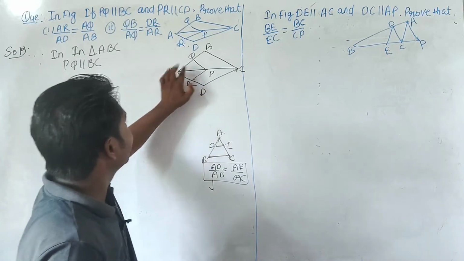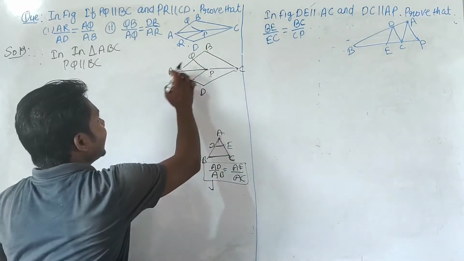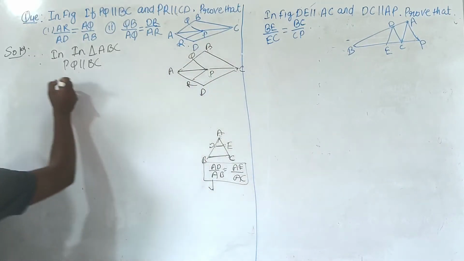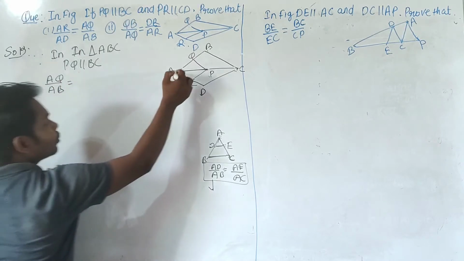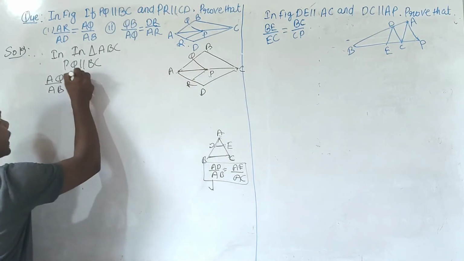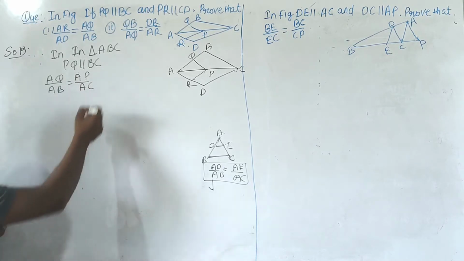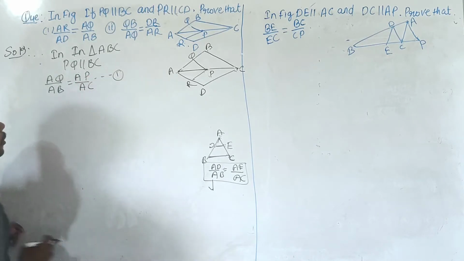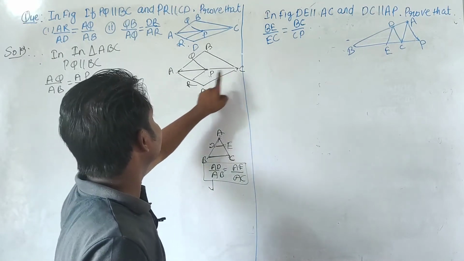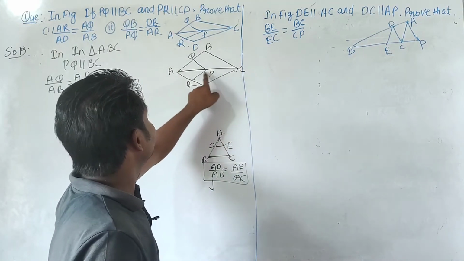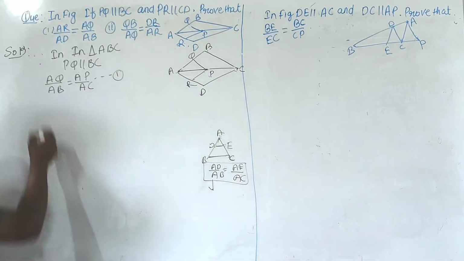Because in this triangle ABC, PQ is parallel to BC, we can say AQ by AB will be equal to AP by AC. Suppose this to be equation 1. Now come to this triangle ADC. In ADC, PR is parallel to DC, which is also given in the question.